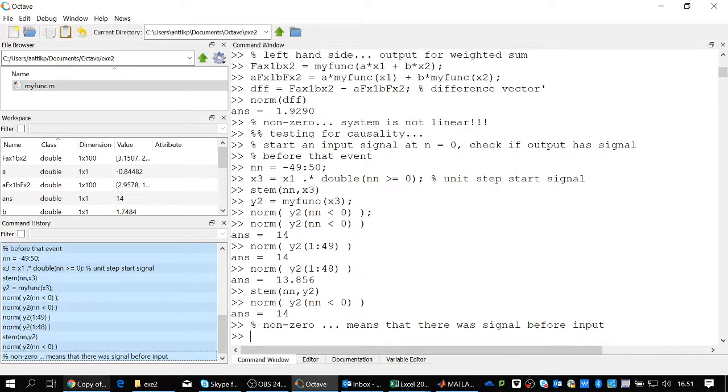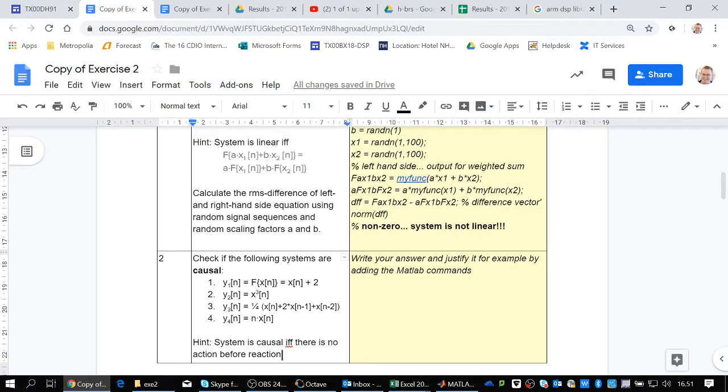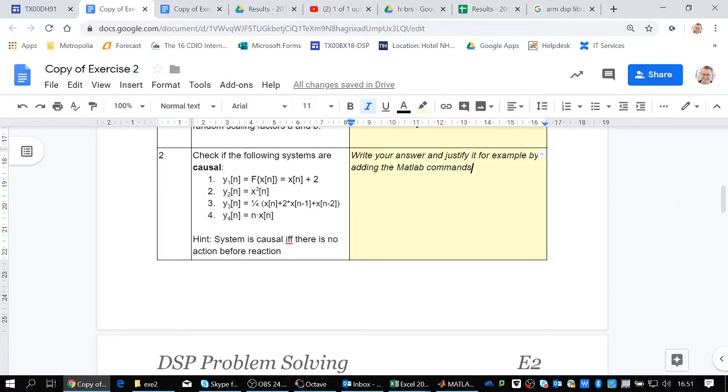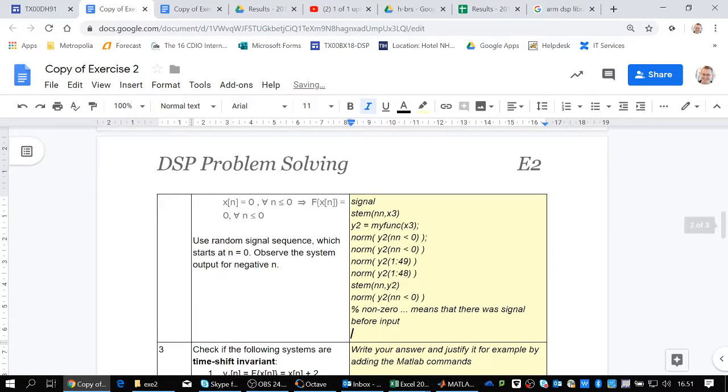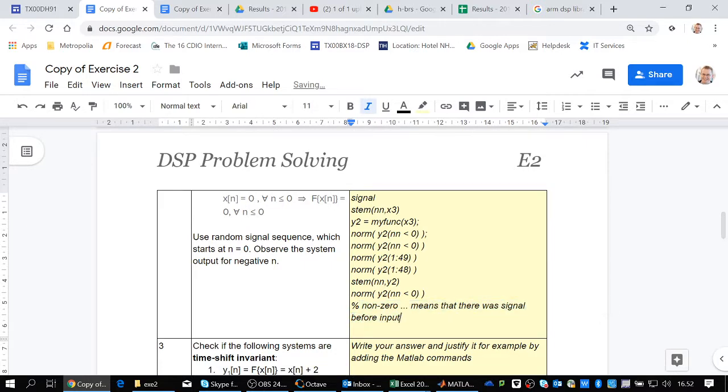Testing for causality, Control C, and then I can copy that. So that's not non-causal.